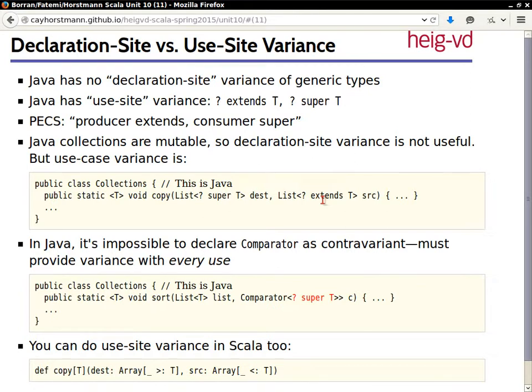But sub was not a keyword in the language, and they weren't about to add one. In fact, I was there when the syntax was invented. Someone gave a presentation on this stuff, and there wasn't super yet. They only used extends, and then they had it written in the other direction, T extends question mark. And someone in the audience said, hey, you could use super for that. And that's how it was born. So that's always what happens.